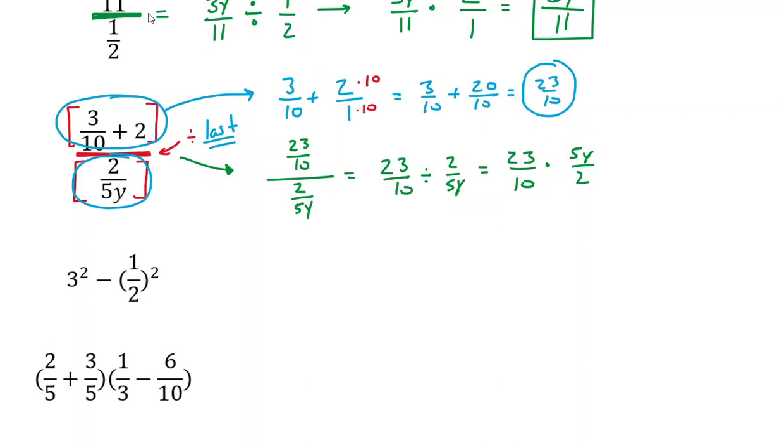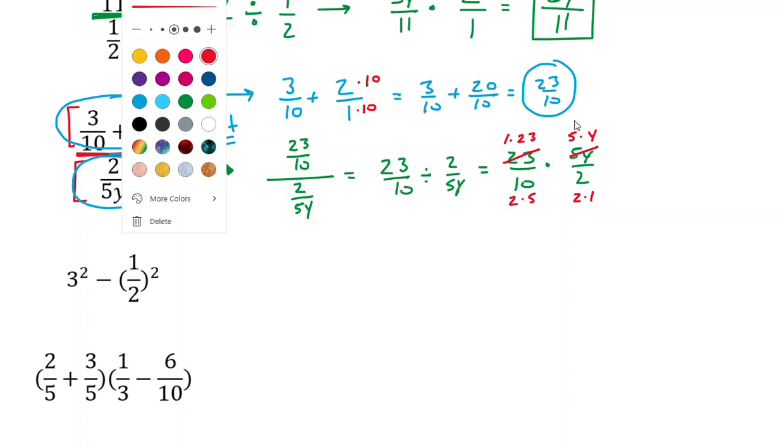Well, first of all, we can do a little bit of factoring here. 23 is 1 times 23. 5y is 5 times y. 10 is 2 times 5, and 2 is 2 times 1. And notice I did all that work, and the only common factors between the numerators and the denominators are these 5s.